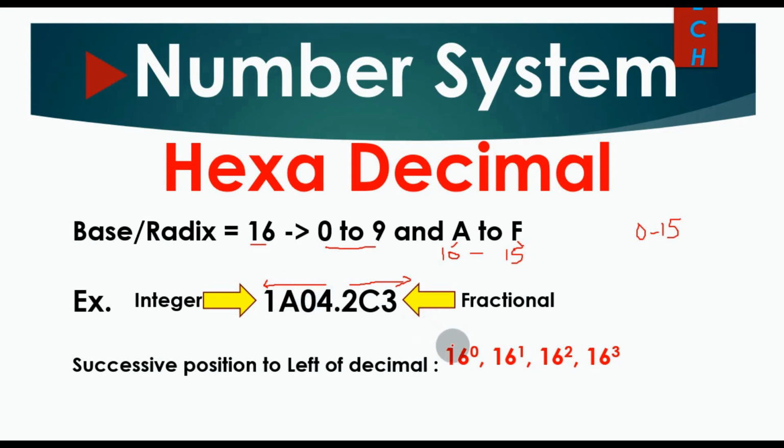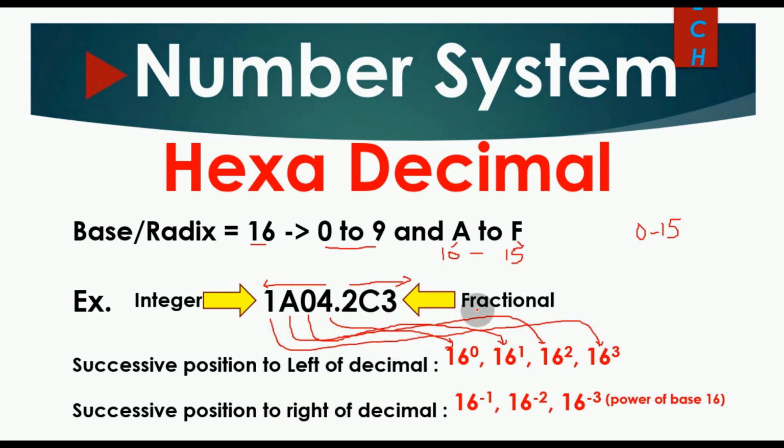So for 4 it is 16 to the power 0, for 0 it is 16 to the power 1, for A it is 16 to the power 2, and for 1 it is 16 to the power 3.